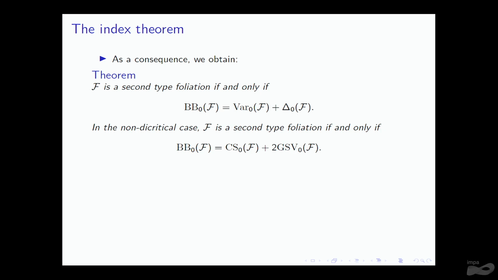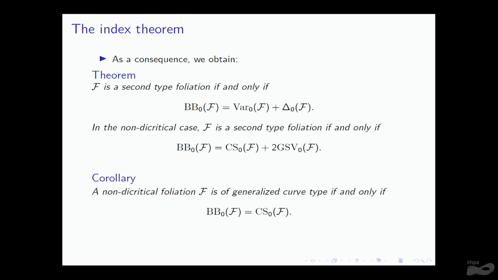In the non-dicritical case, this equation becomes Baum-Bott equals CS plus 2 times GSV, since the var is CS plus GSV, and the delta is the GSV. In particular, F is of generalized curve type if and only if the Baum-Bott equals the CS index, because generalized curve type in the non-dicritical case is equivalent to saying that the total GSV is 0.